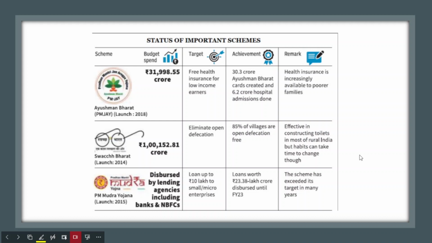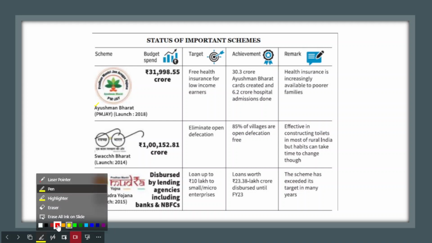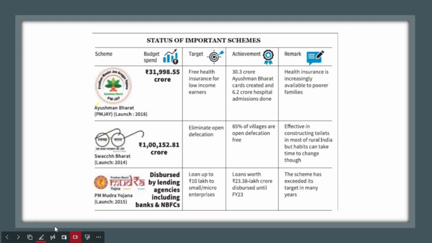For today's discussion, in this session we will talk about a few government schemes which were introduced earlier and which this budget specifically talked about. First and foremost we need to talk about the Ayushman Bharat program. It has been launched by the Government of India to provide health care insurance for the poor.